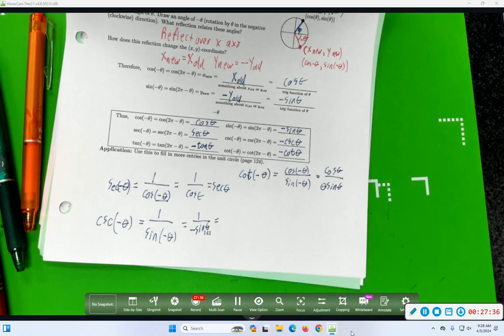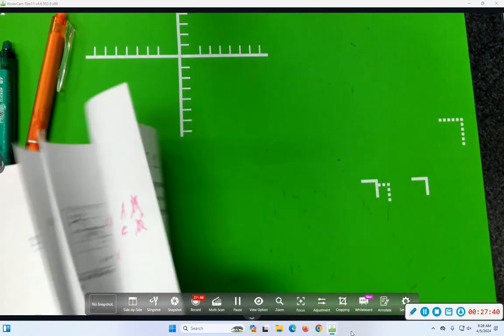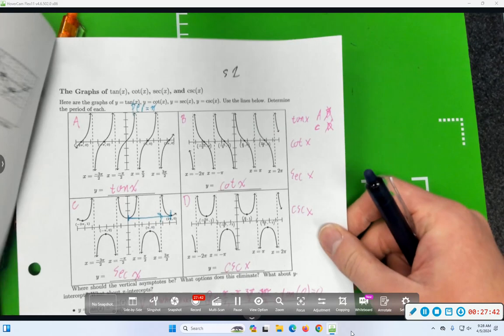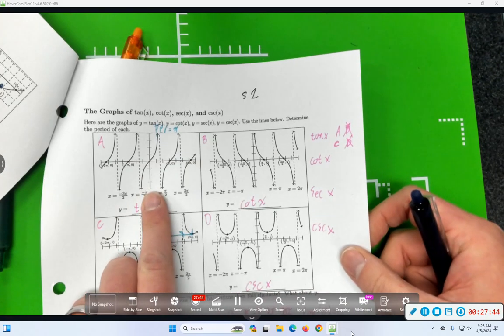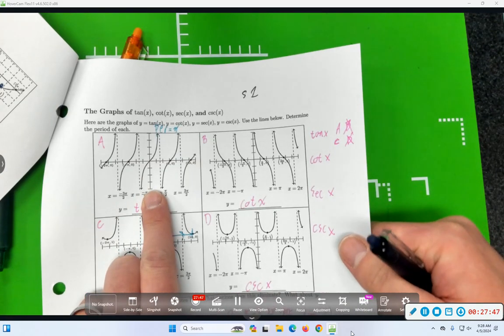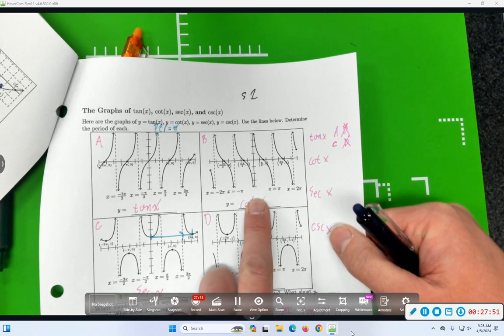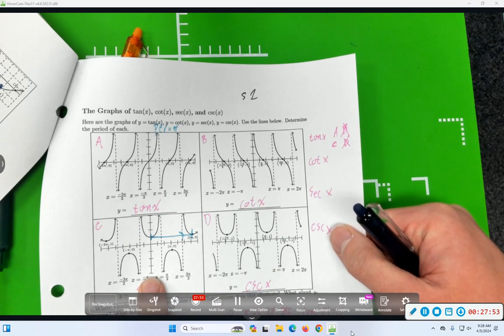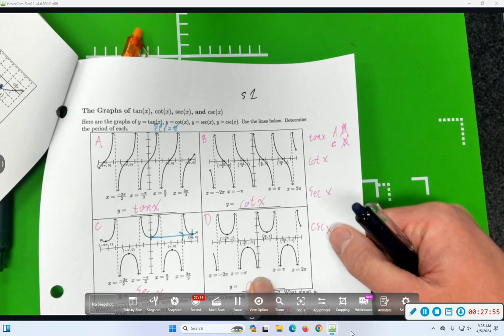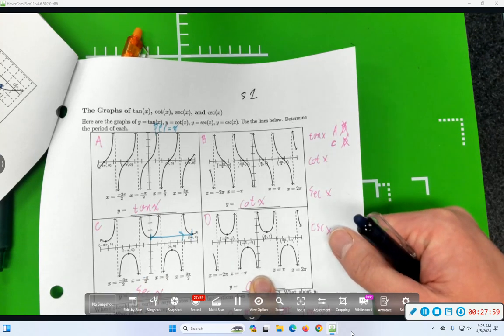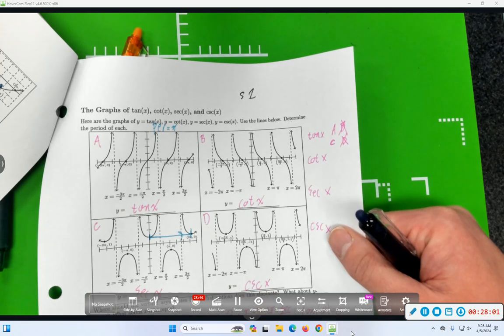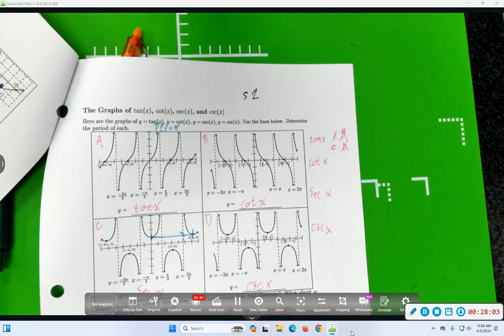So we see exactly which of these are even and odd. And not only that, this agrees with the graph we had earlier. There's the graph of tangent. That look odd? Nice. Cotangent, also odd. Secant, even. Cosecant, odd. What was your justification for determining it was even or odd just from looking at the negative?